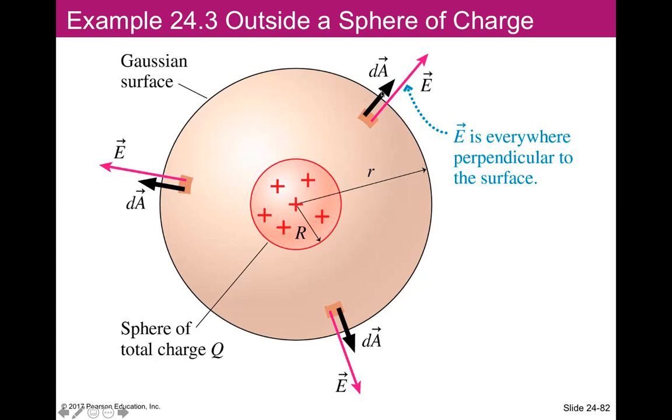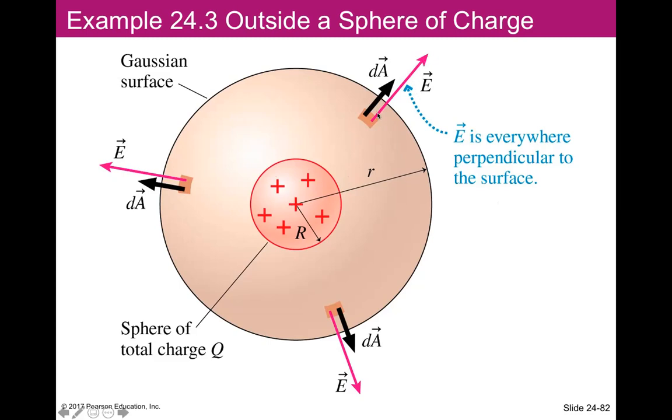So at any point on the surface of your Gaussian surface, the magnitude of E is a constant because they have the same distance from this charge. It's in perfect symmetry.